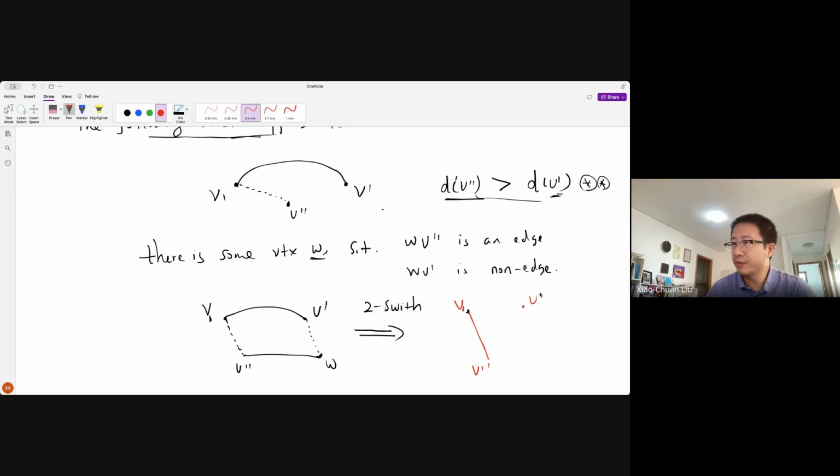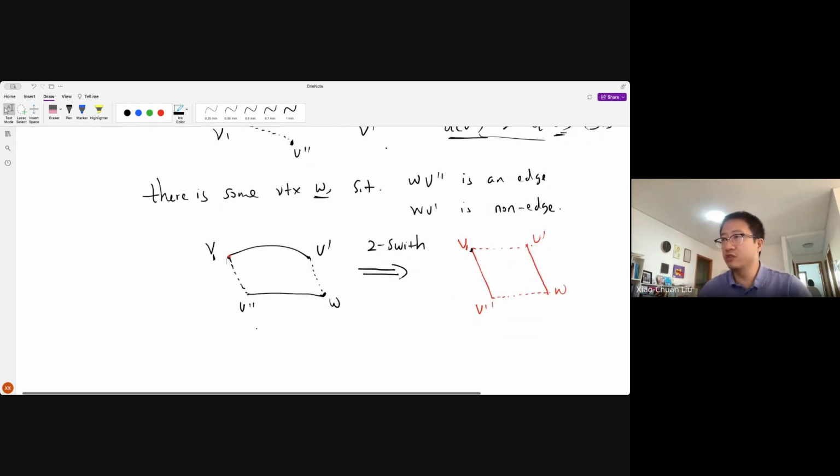And here V prime joins W, but here we delete two edges. What's good about this two switch? The degree of every vertex does not change. Every vertex has one more edge here and one less edge here. So the degree doesn't change. No one has changed its degree.